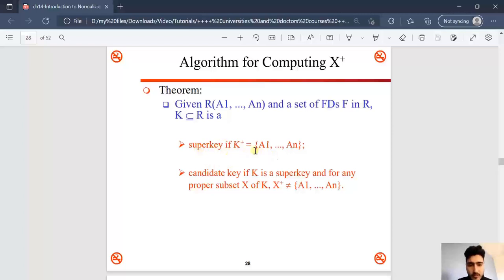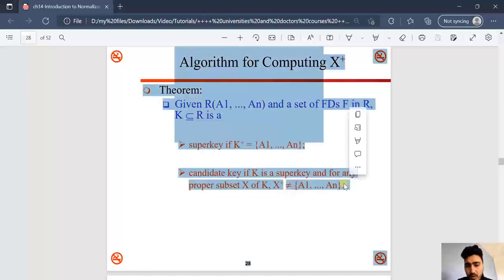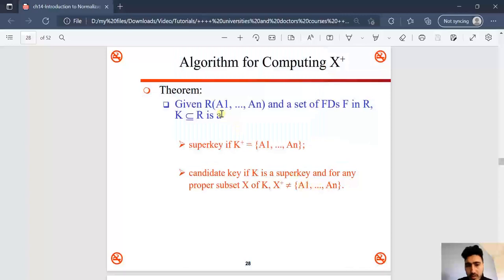Now if we found that K is a super key of this relation, and we need to prove that it is a candidate key, it should be a candidate key only if we go to any subset x of this K and we calculate x plus, it should be different from all the attributes in R, which are a1 till an.